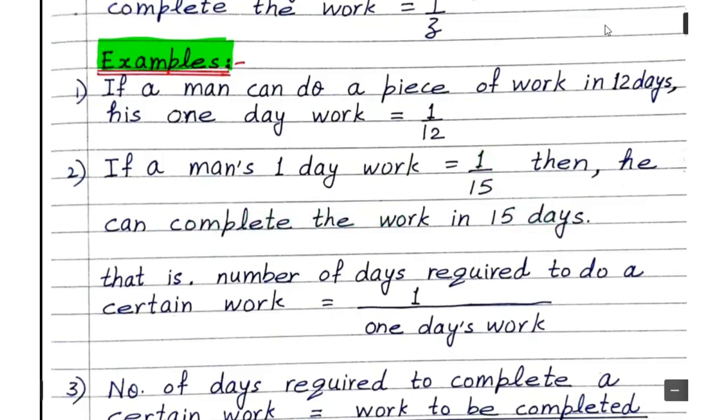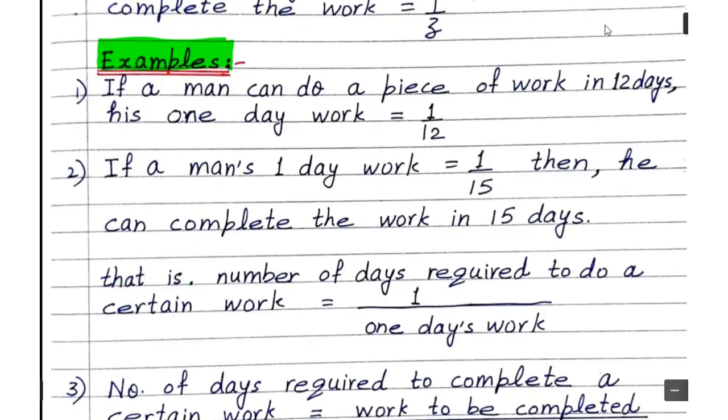If a man's one day work is 1 by 15, then he can complete the work in 15 days, right? Here 1 upon 15 is the total work done by him in one day.